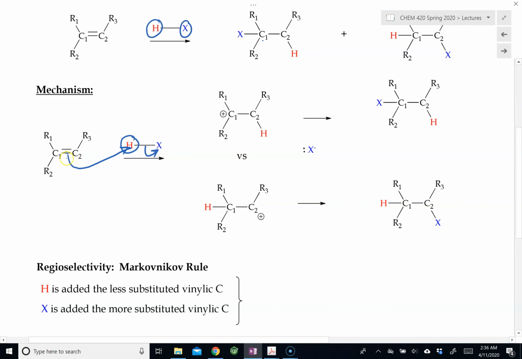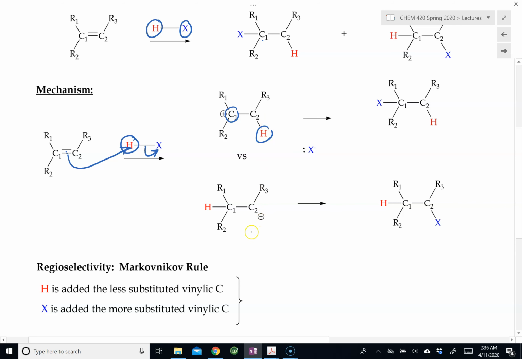As the pi electrons from the alkene are donated to the proton, either carbon 1 or carbon 2 will become the carbocation. We can either have the hydrogen added to carbon 2, or we can have the hydrogen added to carbon 1, and now carbon 2 will become the carbocation.